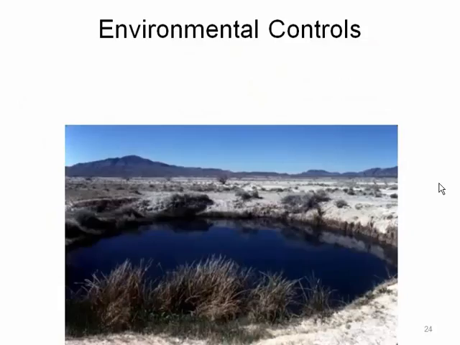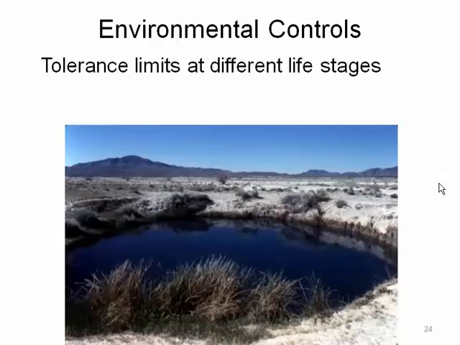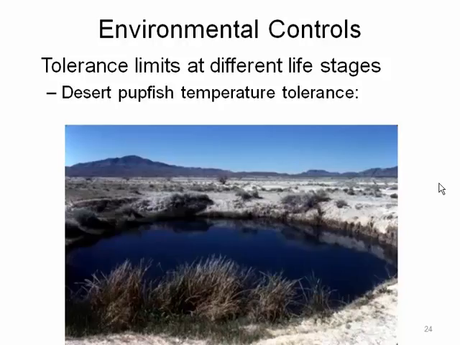Another note about environmental controls, an example from the desert southwest in California. The tolerance limits and the limiting factors can play out differently at different life stages, as you might imagine. The desert pupfish is a very unique type of fish that occurs in these small, isolated pools and ponds east of Death Valley.